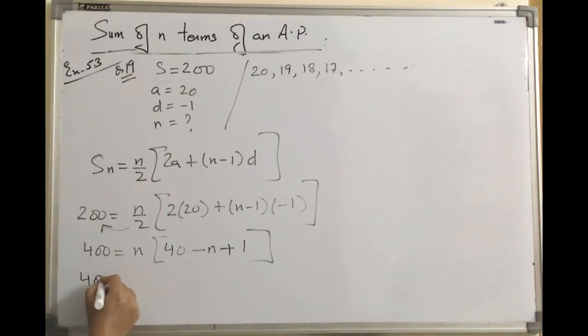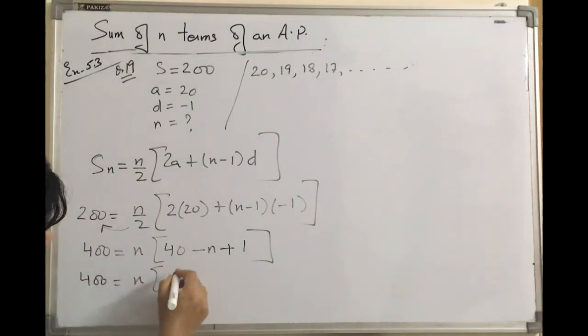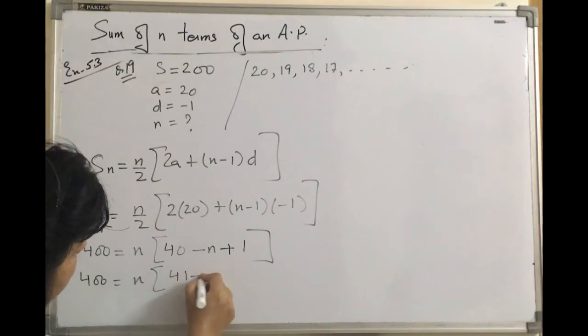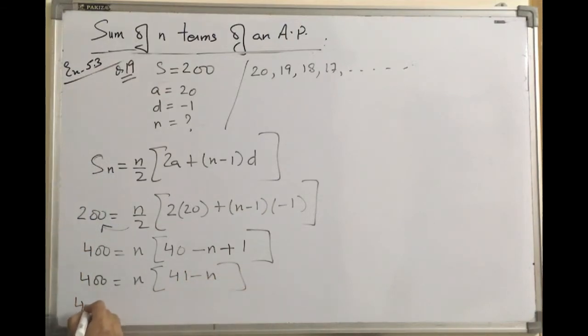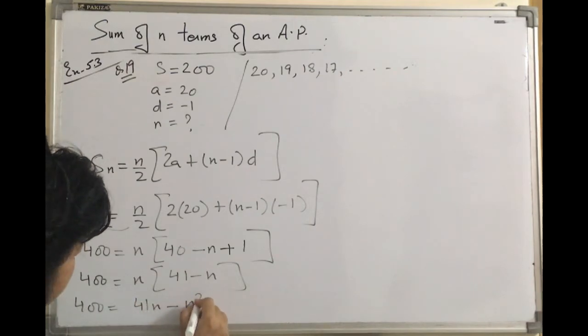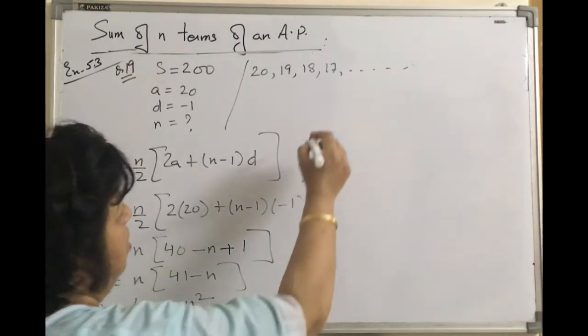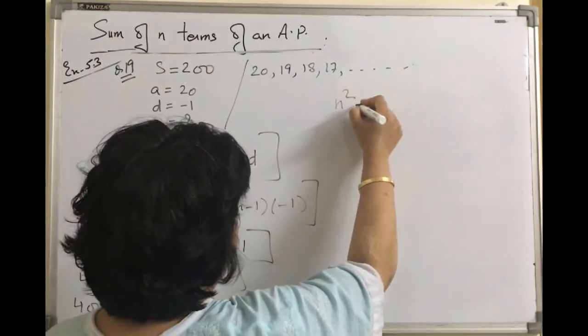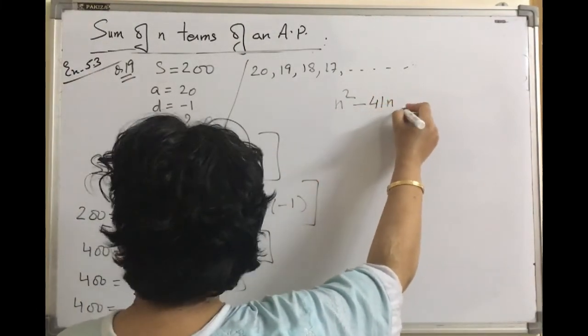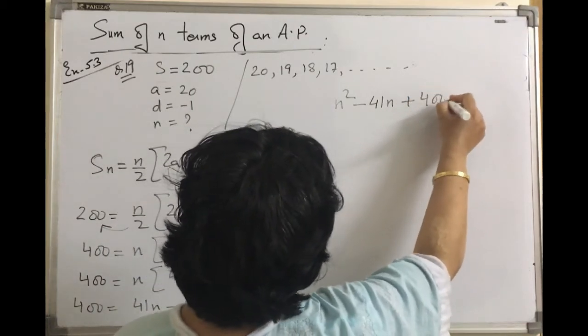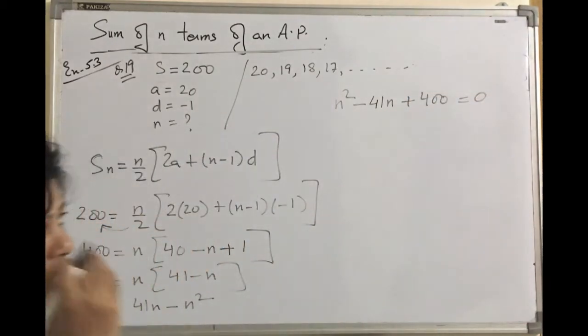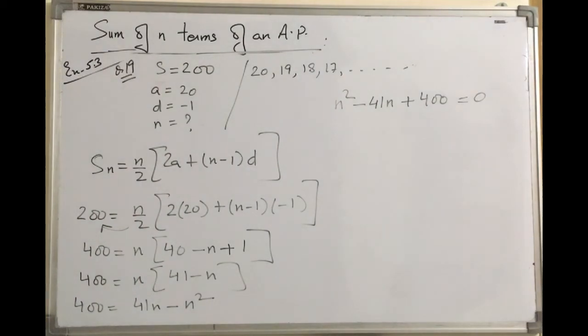So 400 is equal to n into 40 plus 1 will become 41 minus n, or we have 400 equals to 41n minus n square, or n square minus 41n plus 400 equal to 0. If you have a look, you have obtained a quadratic in the variable n. So solve it, and then find the value of n.